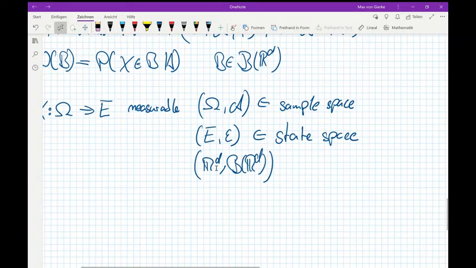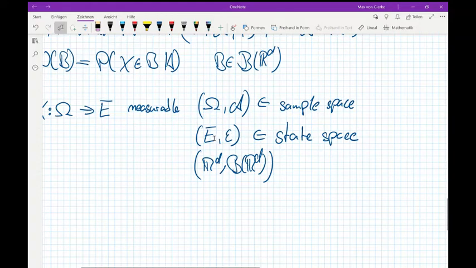So if this E is R, then the corresponding sigma field is the Borel sigma field.